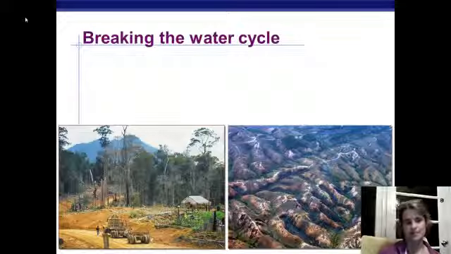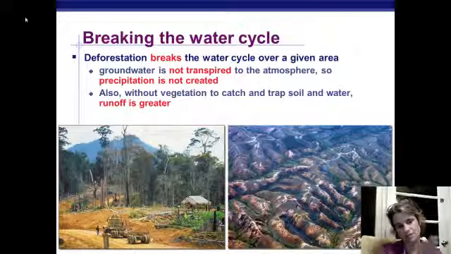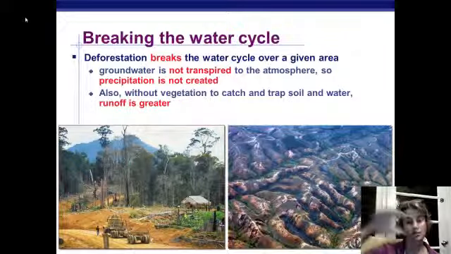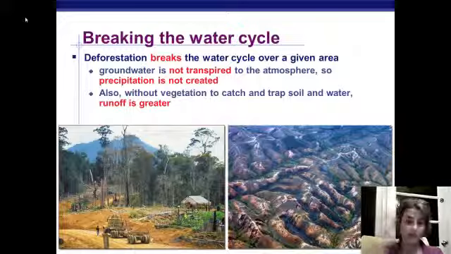Let's look at an example of this. If you have a forested area and you mow down the trees, that means that groundwater that falls on the ground and goes into the soil is not necessarily going to get transpired up into the atmosphere, and so a source for water vapor will not be present, which means precipitation that you are used to getting in an area, because water vapor is going into the air and then gets consolidated and comes back down as rain, doesn't happen.